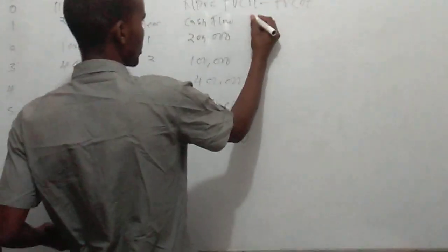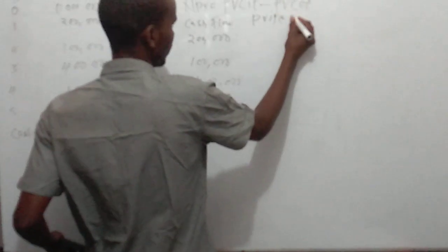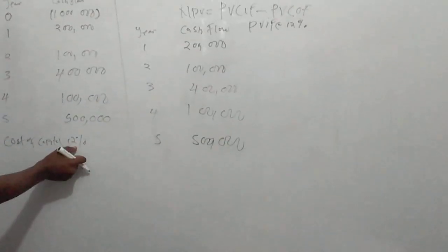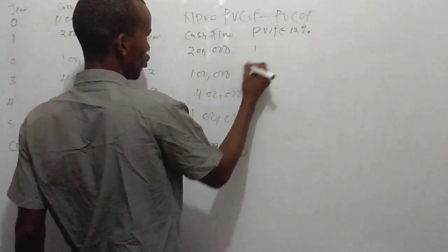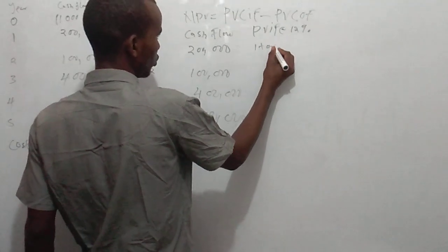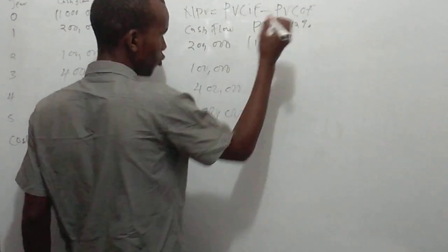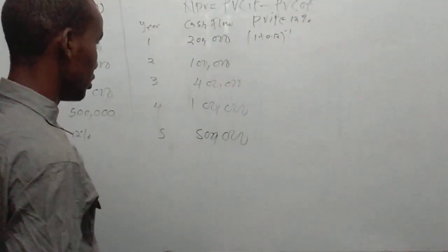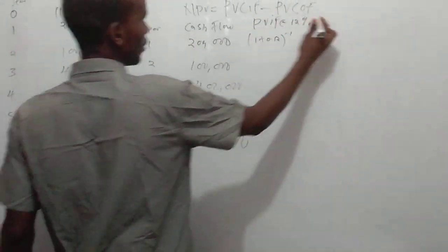So these are our cash flows. Next we get the present value interest factor at 12%. Remember, our cost of capital is 12%. For us to get this, for year 1 we take 1 plus 0.12, where 0.12 is 12 over 100, and we raise to negative 1. Then if you multiply this with the cash flow, you will get the present value.